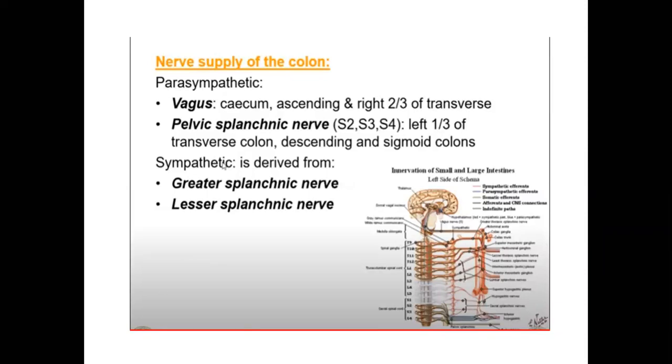So is it clear till here? Can anyone quickly revise this large intestine for me? Not the relationships, but just a quick summary. Sadaf, would you like to try? Mona? Anyone can try it, please.